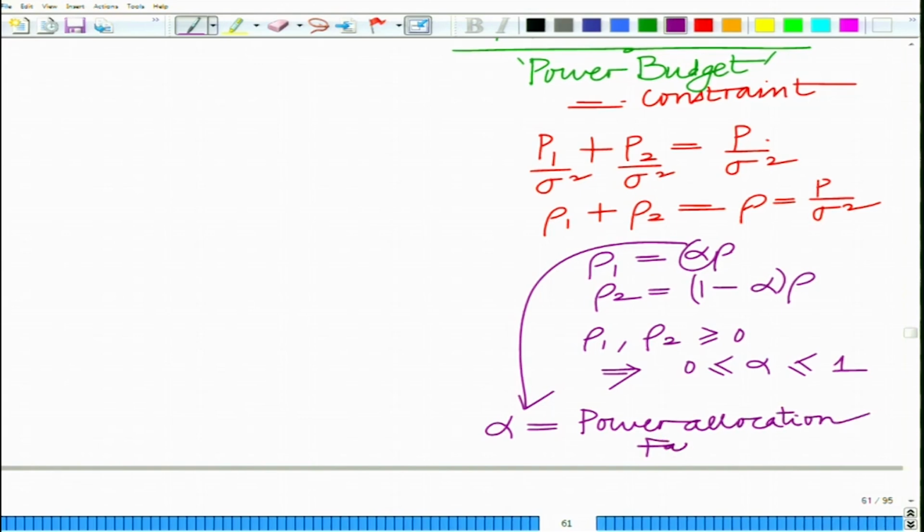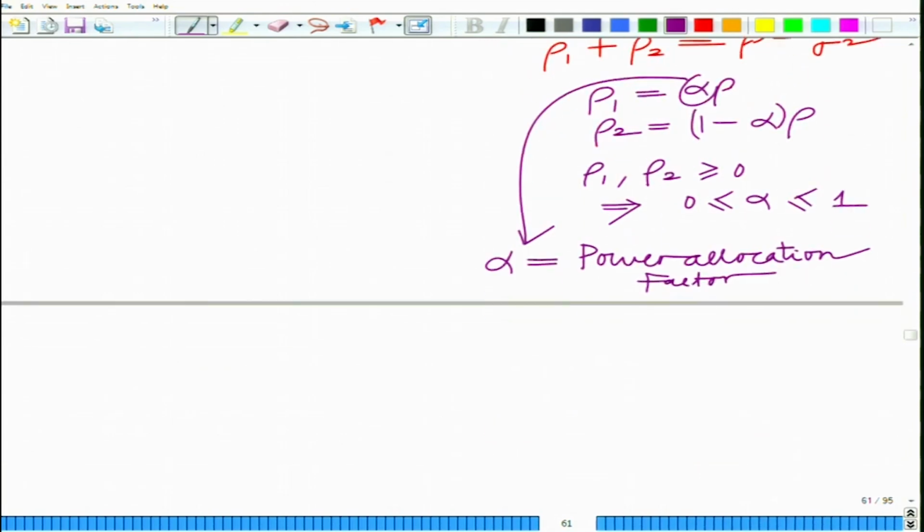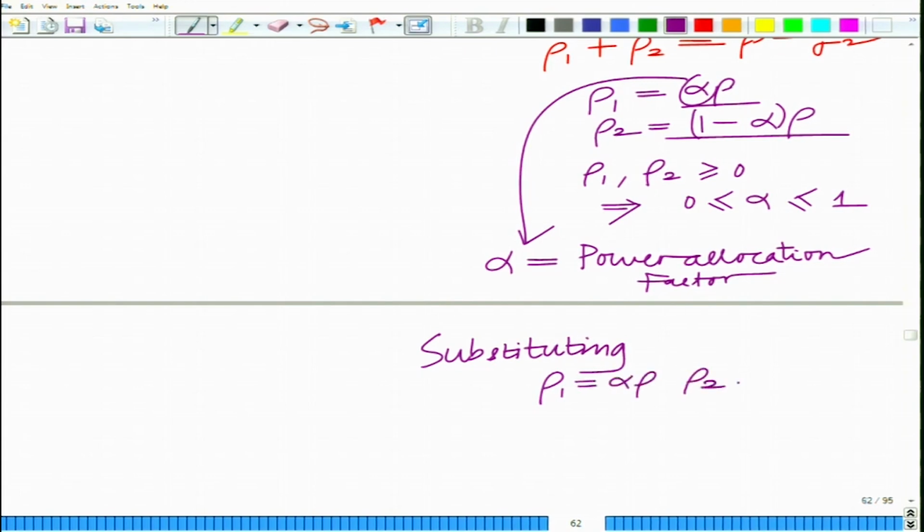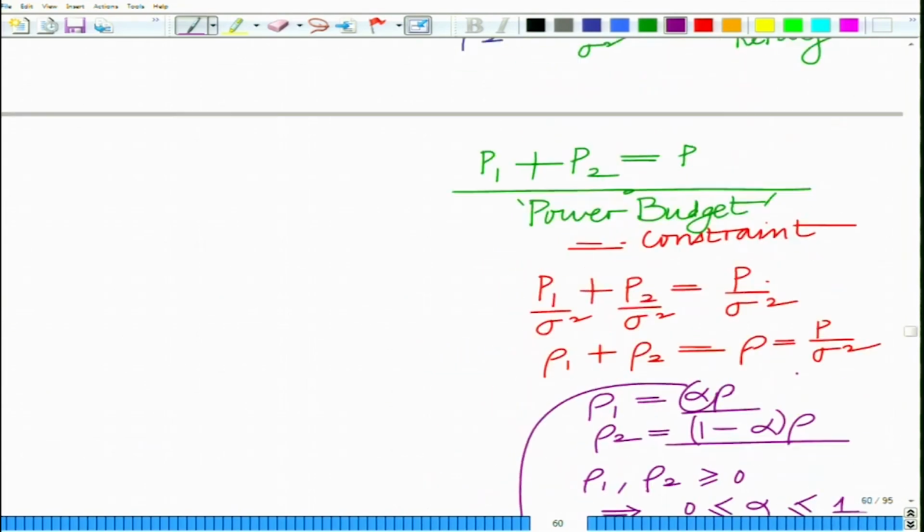This is the power allocation factor, which lies between 0 and 1, and rho 1 equals alpha times rho, rho 2 equals 1 minus alpha times rho. Now, substituting these values: rho 1 equals alpha times rho, rho 2 equals 1 minus alpha times rho.